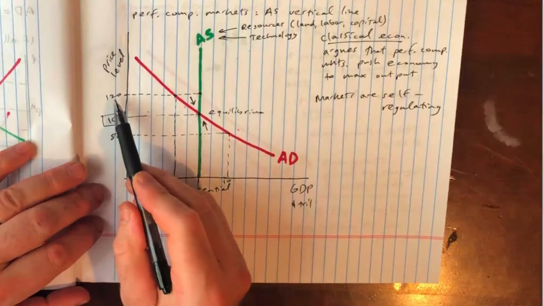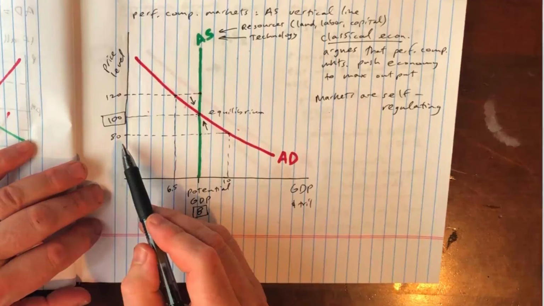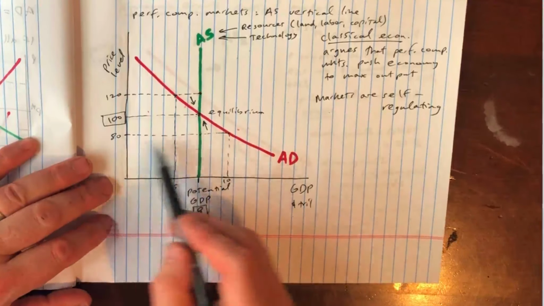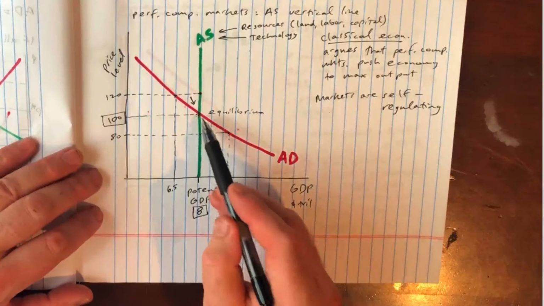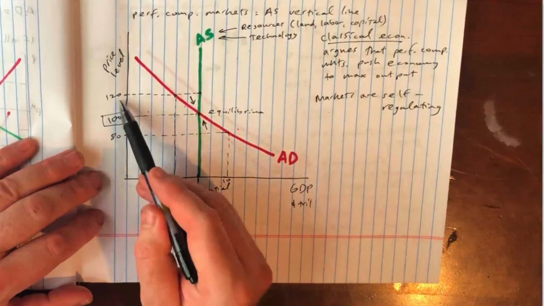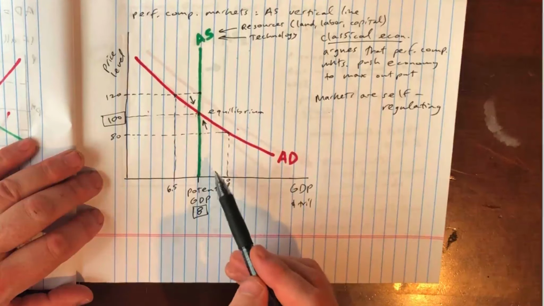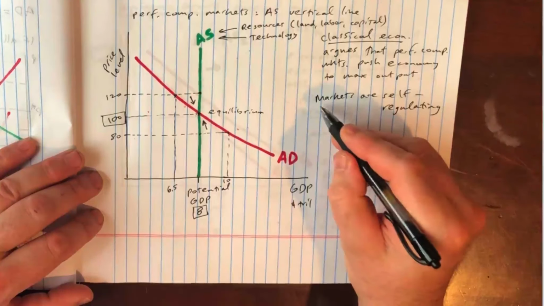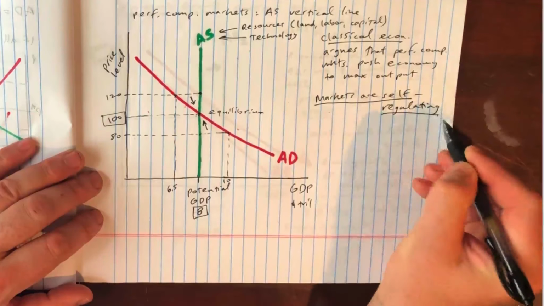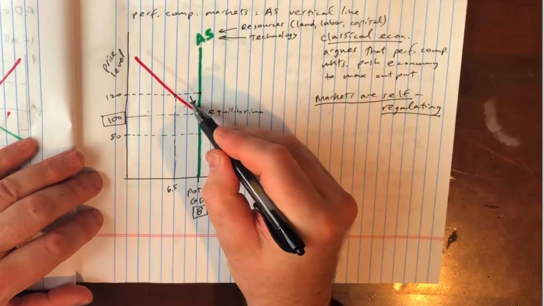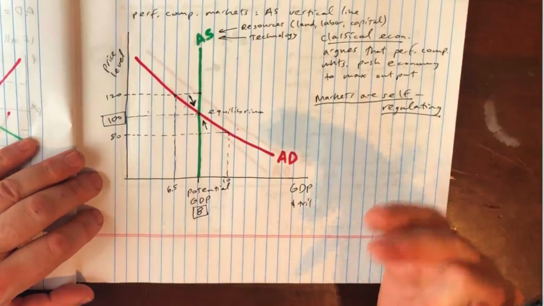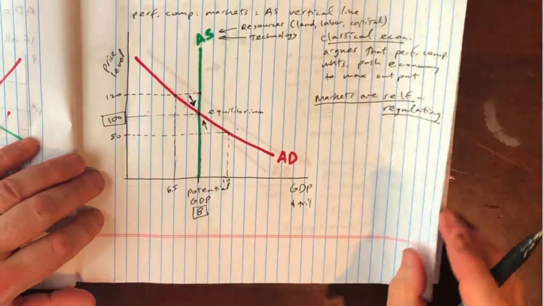Because remember, if the price level is too high or too low, then the economy is not going to be at equilibrium. It's not going to be at its optimal equilibrium, particularly if the price level is too high. Aggregate demand will be too low, right? But remember, the classical theory says markets are self-regulating. What is going to happen is the price level is going to fall, and that'll solve the problem, all right?